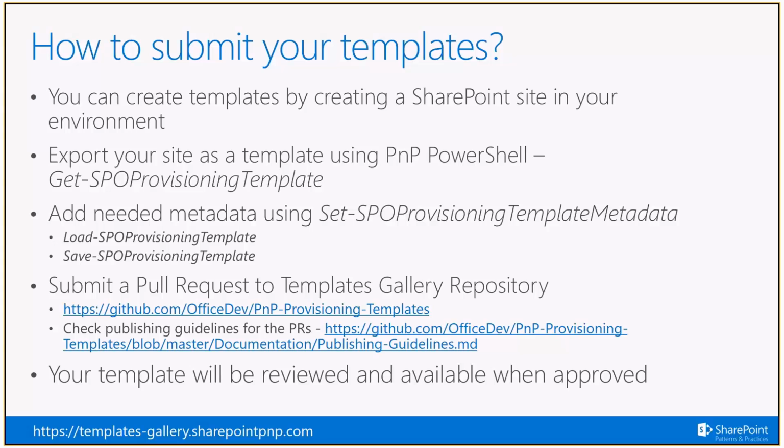When you're doing this, there's a separate guidelines or publishing guidelines file which is defining the rules and how things are actually working. So have a look at that one if you're interested in sharing a template with others in the community. After the pull request has been submitted, we within the PnP core team will have a look at the template. We'll make sure that it's working properly across the environments.